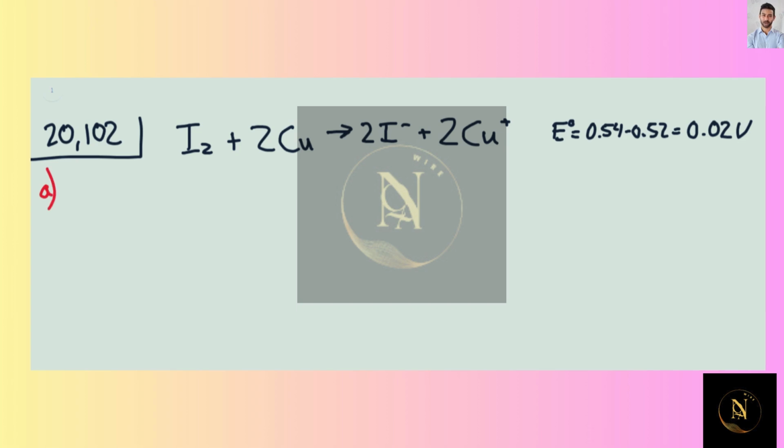So now we have to take into account the conditions that are specified. So E is equal to E naught minus 0.0592 divided by n times the log of Q. So all of this here is equal to 0.02 minus 0.0592 divided by 2, since we're transferring 2 electrons in this reaction.